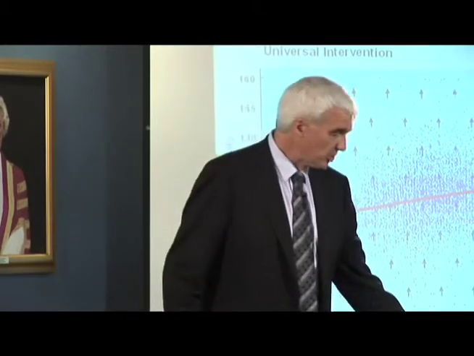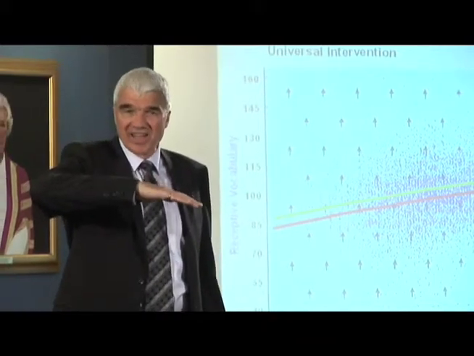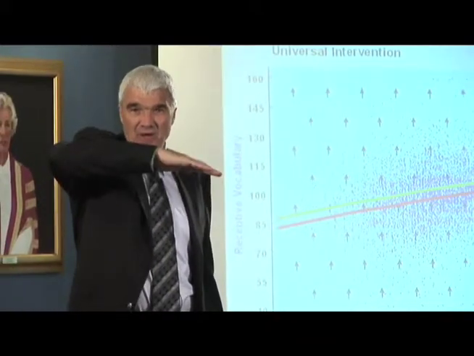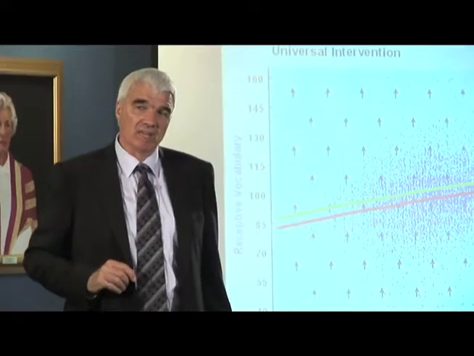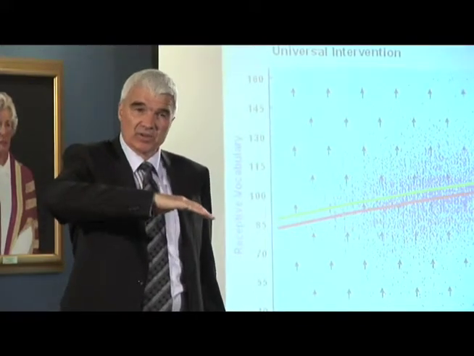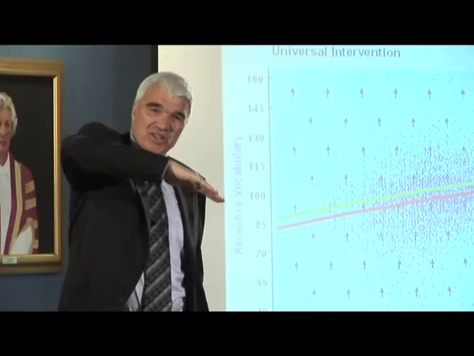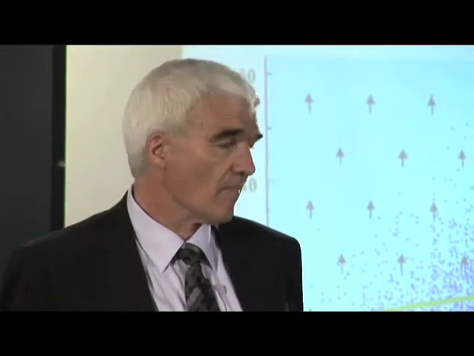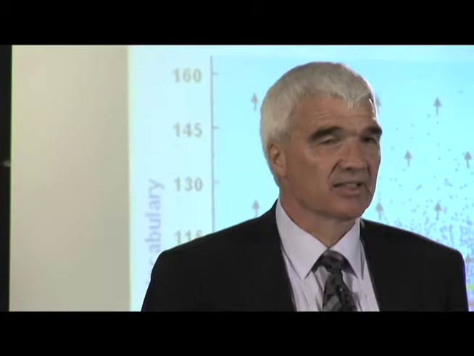The effects of a universal intervention, if all children benefit equally from it, is that it'll raise the bar, but it won't necessarily level it. And what's interesting with Sesame Street is that the universal intervention raised the bar, but it actually made it steeper. Kids from rich families tended to benefit more from the intervention than did children from poor families. And so they sent the ethnographers in to say, well, why is that?